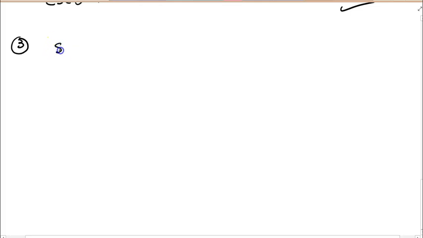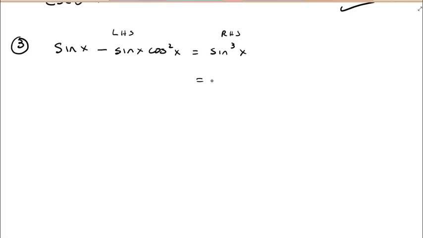Let's do sine x. Whoops, I want minus, not plus. Sine x minus sine x cosine squared x equals sine cubed x. All right, so as you can imagine, my left-hand side is way more complicated than my right-hand side, so we're going to leave that right-hand side alone, and we're going to work with the left-hand side. Notice these 2 terms.